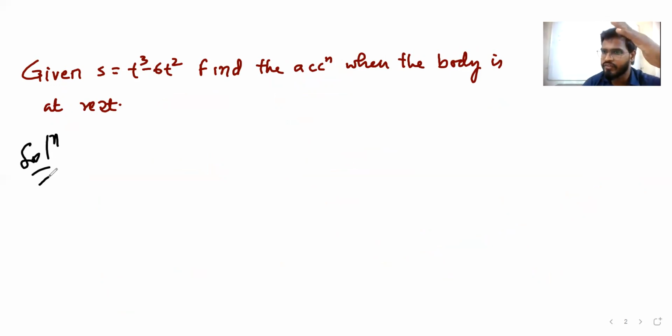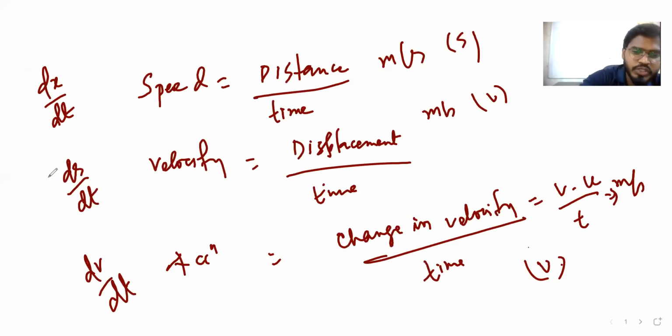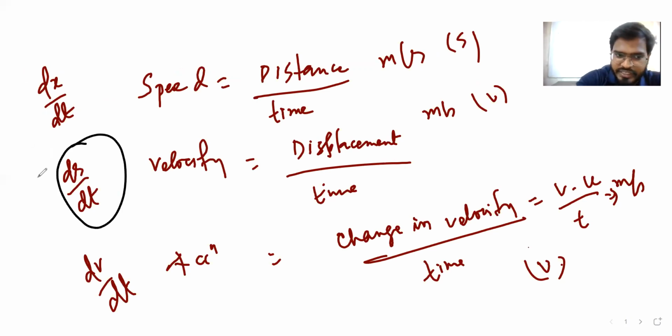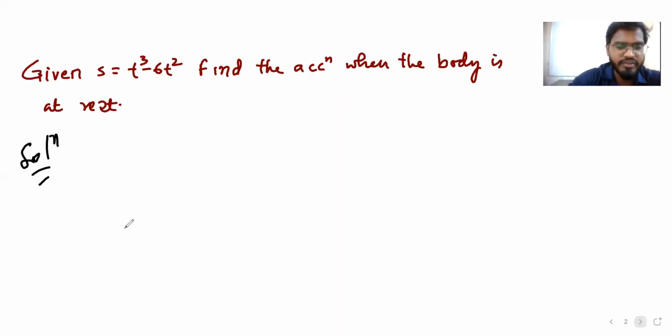From displacement, first find velocity, ds by dt, then differentiate one more time and we'll get acceleration.